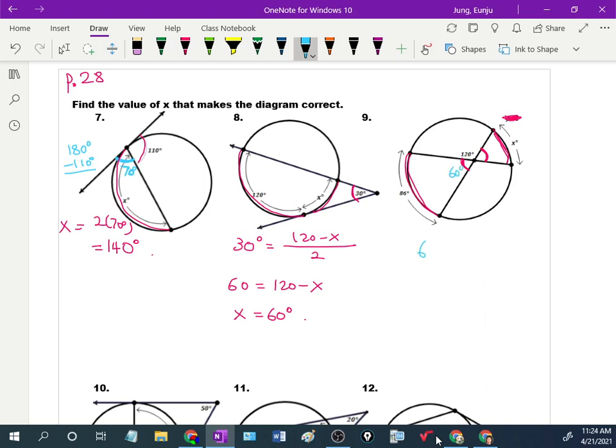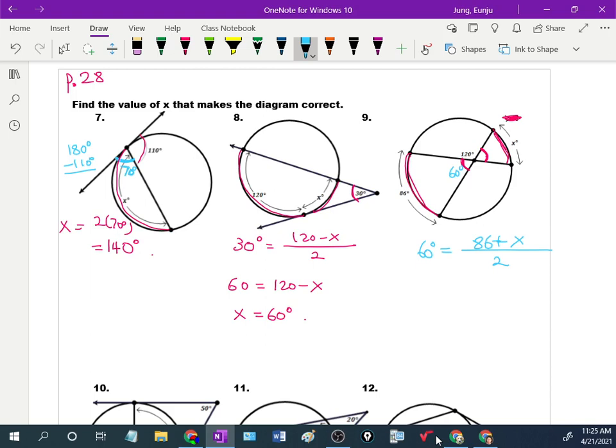So this 60 degrees can be found by using the formula. On the formula paper, it says add two numbers and divide by 2, right? So I'm using that formula, but I need to use the corresponding numbers. We are looking for this angle by adding these two measures of the arcs and dividing by 2.